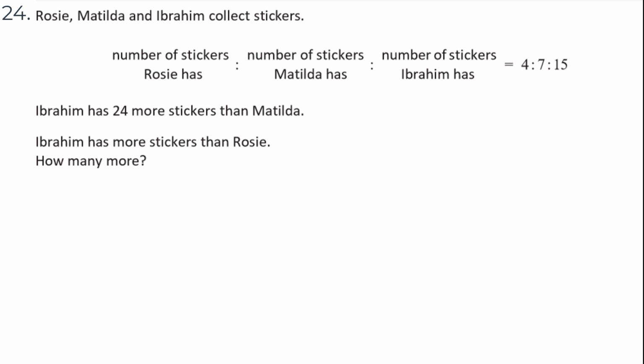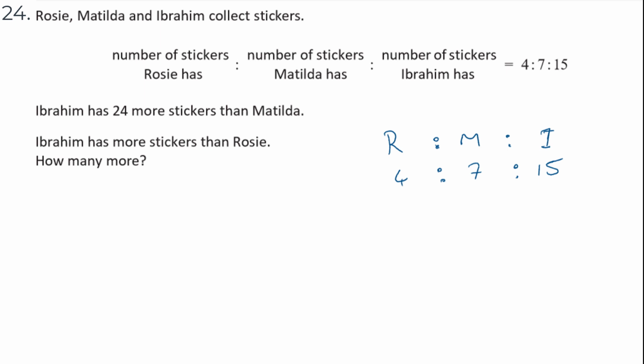So let's have a look at these ratios. We've got Rosie to Matilda to Ibrahim, and they are in the ratio of 4 to 7 to 15. Now, I don't know how many stickers Matilda had, but I do know that Ibrahim had 24 more.